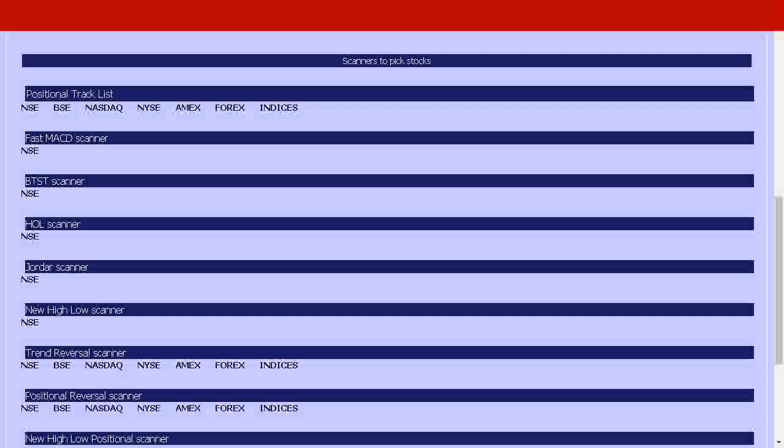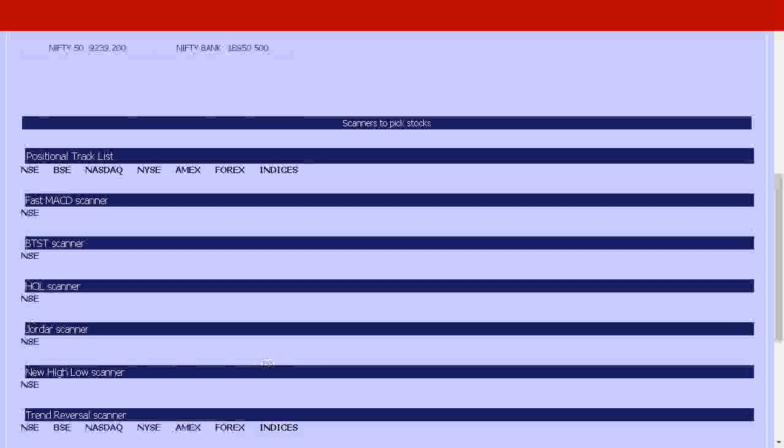So today, on 11th May 2020, the sentiment is neutral for intraday and the sentiment is very poor for banking stocks, which means that we will not take any buy calls in any bank stock on that particular day.